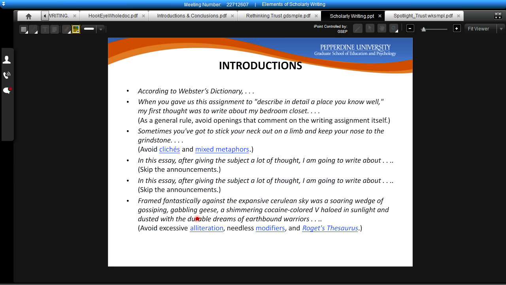We want to avoid things like that, and also the overuse of language like alliteration: "Framed fantastically against the expansive cerulean sky was a soaring wedge of gossiping, gabbling geese." So you see it's a little off and unnecessary. Maybe for a different style of writing, maybe a creative writing class, but not very academic.